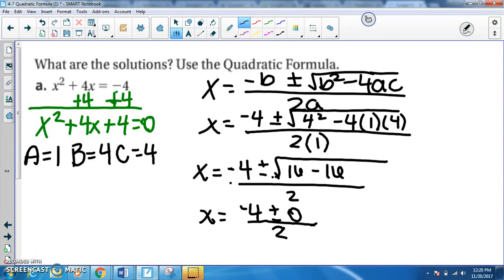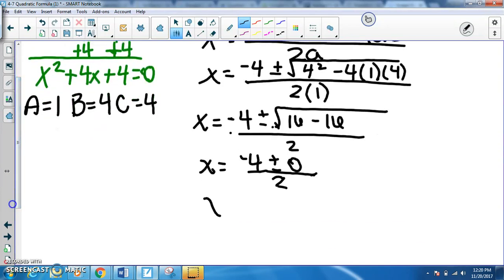Negative 4 plus 0 and negative 4 minus 0 is the same thing, so let's simplify this. x is equal to negative 4 over 2, which means x is equal to negative 2.